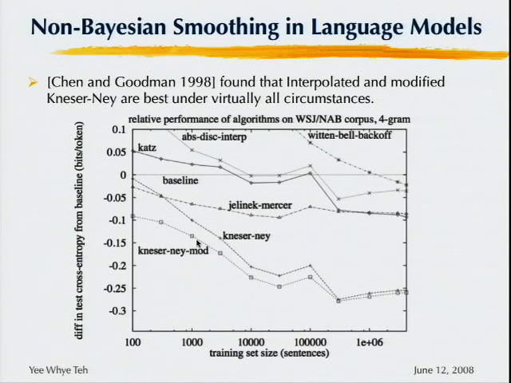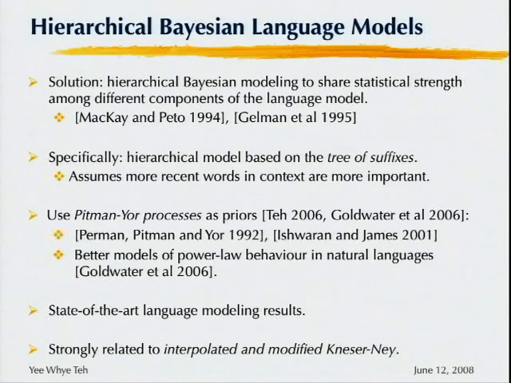So in this part of the talk, I would like to look into a Bayesian approach for smoothing, and the reason for this is that this idea of smoothing is really similar to the idea of hierarchical Bayesian modeling, which I've just described, because you can think of each context in your language model as a different group of data, and then you want to share information across different groups, right?